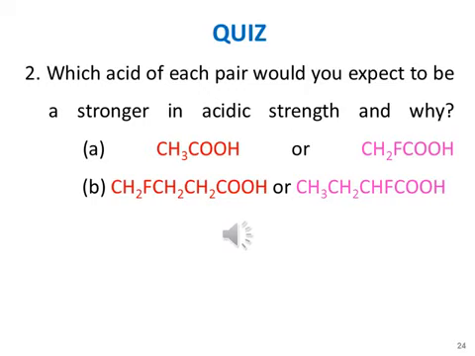The second assignment is: which acid of each pair would you expect to be stronger in acidic strength and why? For example, you have to compare the acidic strength of acetic acid and fluoroacetic acid. You have to compare the acidic strength of 2-fluorobutanoic acid and 3-fluorobutanoic acid.